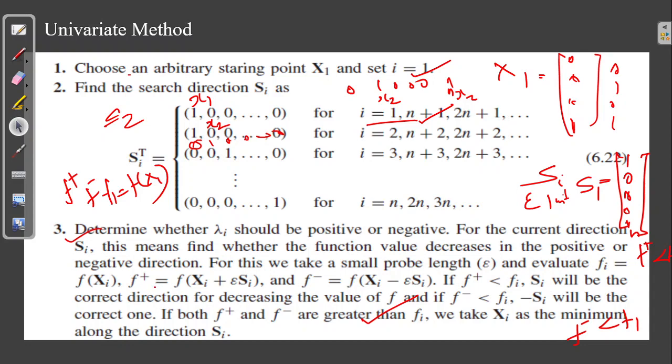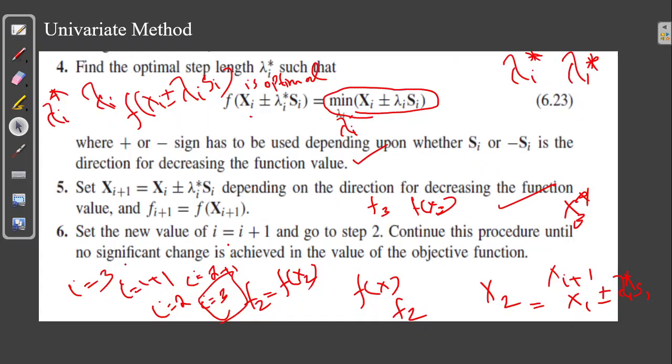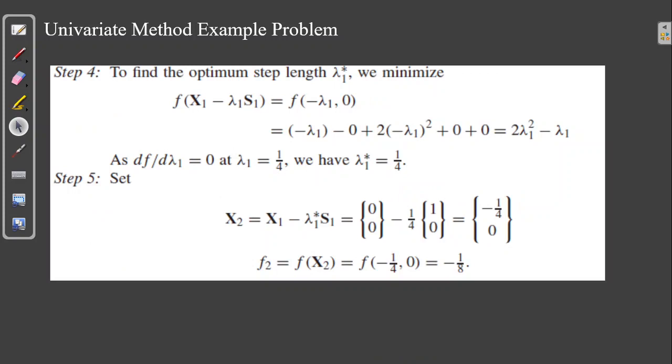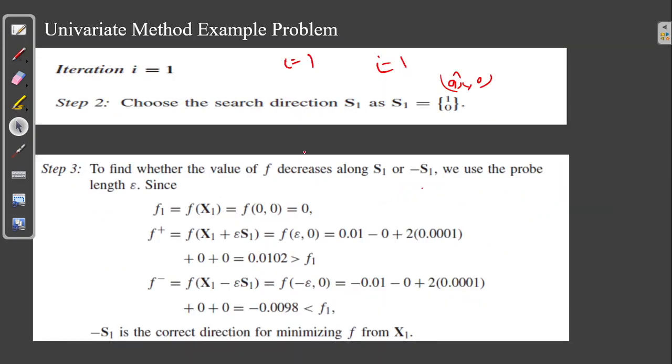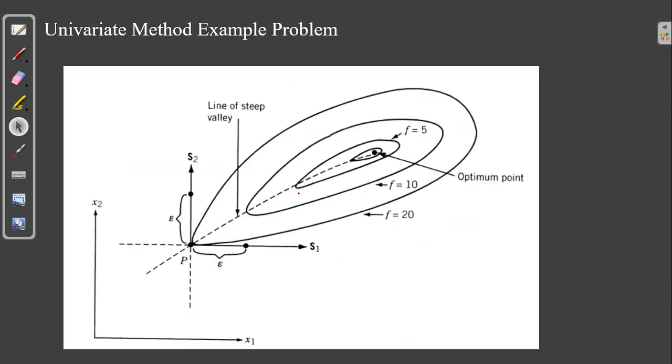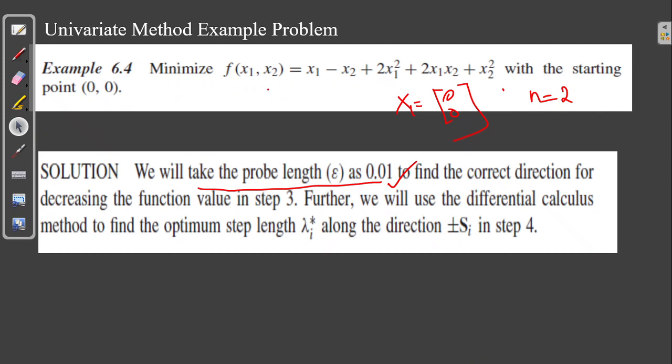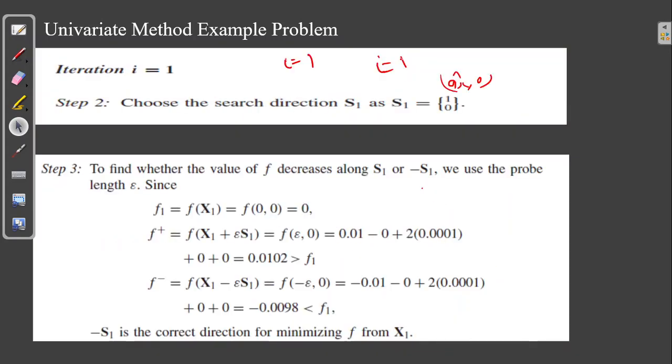That means we will calculate f of x1, that is f1, that is f of (0, 0), where x1 is 0, x2 is 0. That means you have 0 minus 0 plus 0 plus 0 plus 0. So f1 is 0.